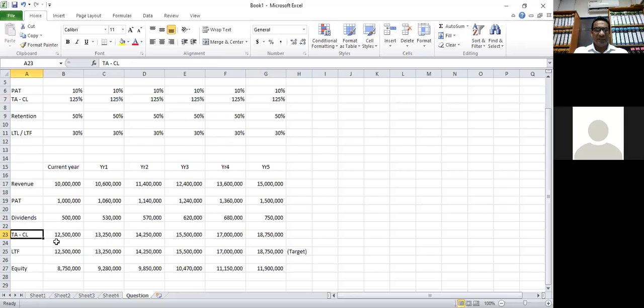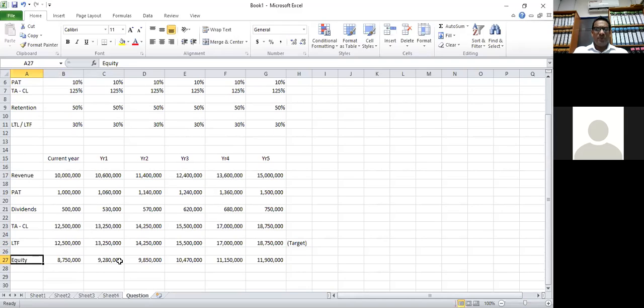All these are given in the question. Long-term funds are equal to total assets minus current liabilities, so if this is X, this should also be X. Equity is opening equity plus next year's retained profits. So it continues.